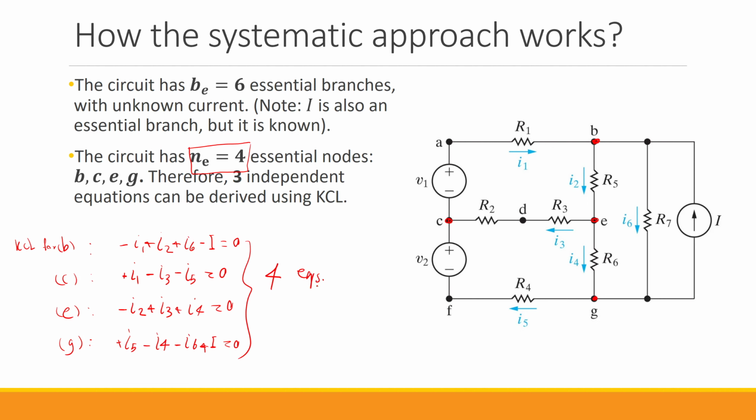But are all of them useful? Are all of them independent? The answer to that is no, because any one of these equations can be created by a linear operation of the other 3, right? So because of that, only 3 of them are independent.